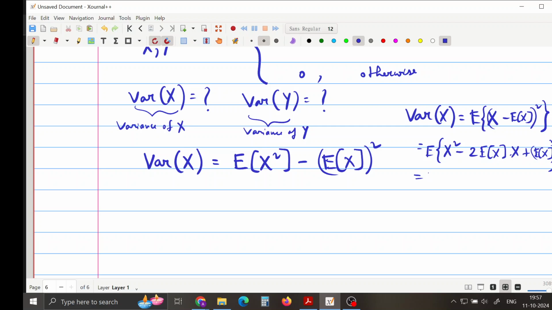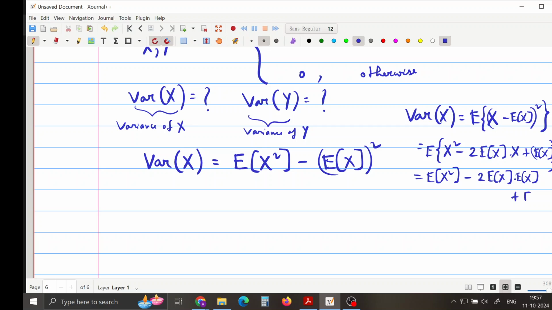So this is expectation of x squared minus, now I'm using linearity of expectation, 2 times expectation of x times expectation of y plus expectation of y squared, so that's some mu x squared, right?